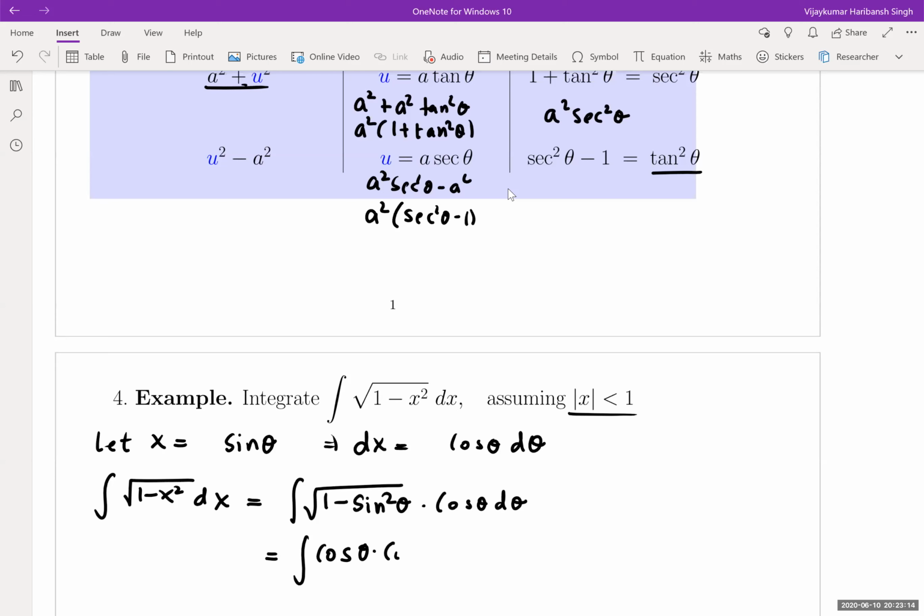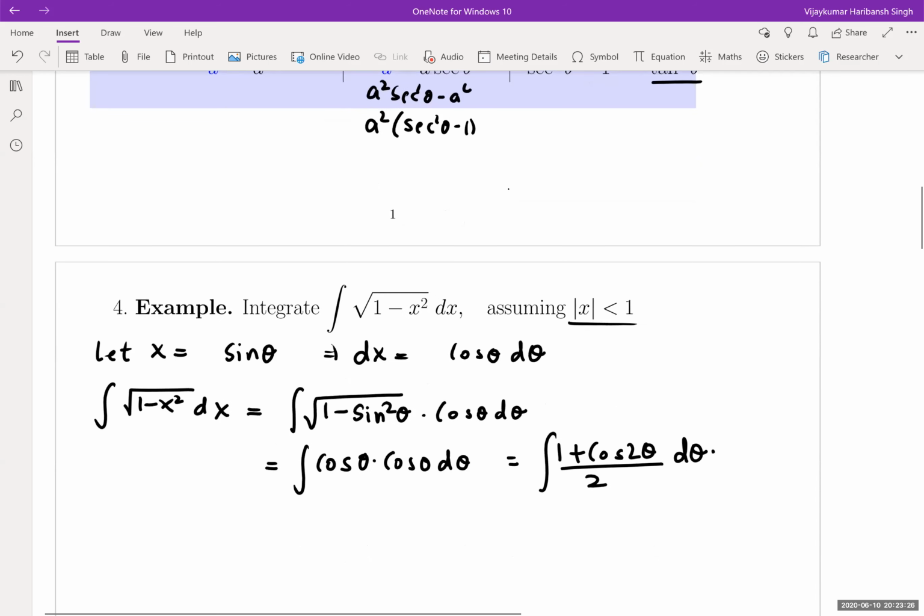So cos theta times cos theta d theta. This is going to be cos square theta, which is 1 plus cos 2 theta divided by 2. So the integral is going to be 1 by 2 outside, theta plus integration of cos 2 theta, which is sine 2 theta divided by 2, plus c.